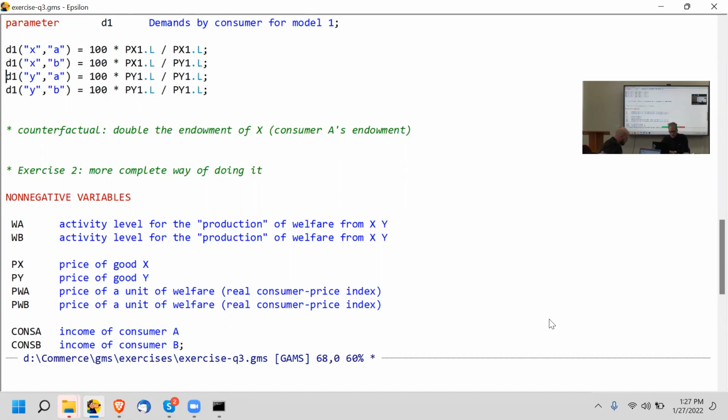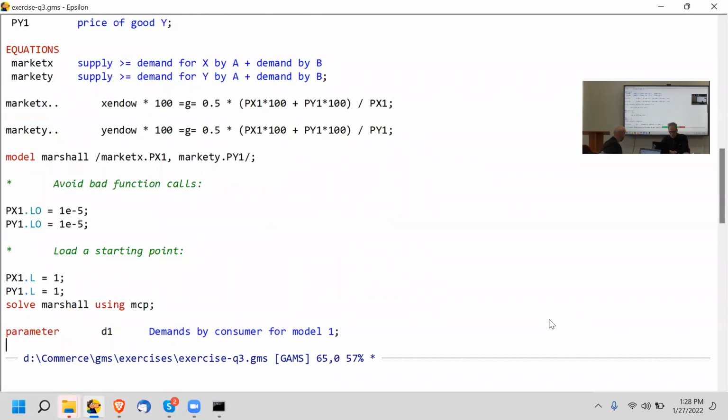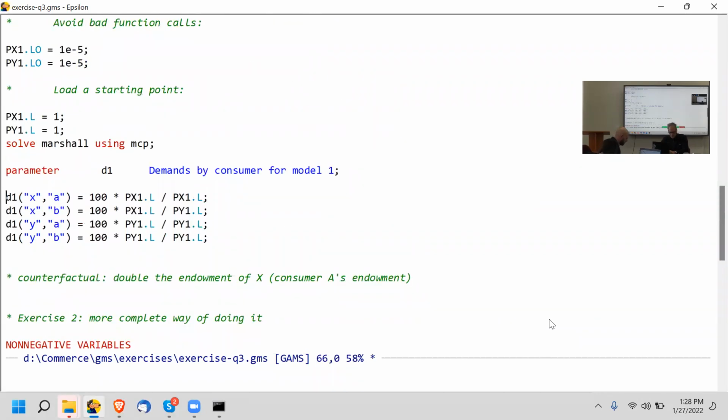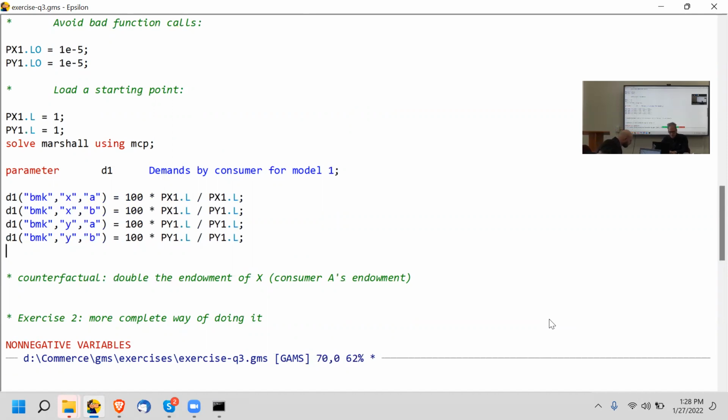Okay, counterfactual. So this is going to be equal to, and this will be benchmark. So let me just, and I'd say it's called X endow. Two.